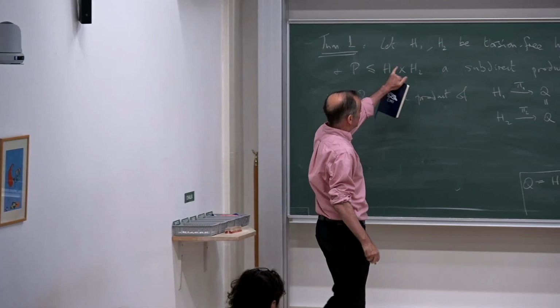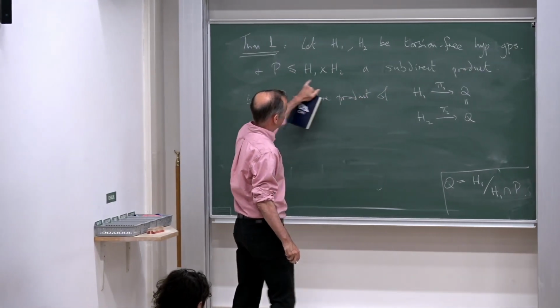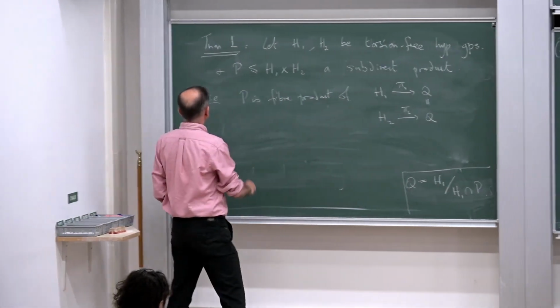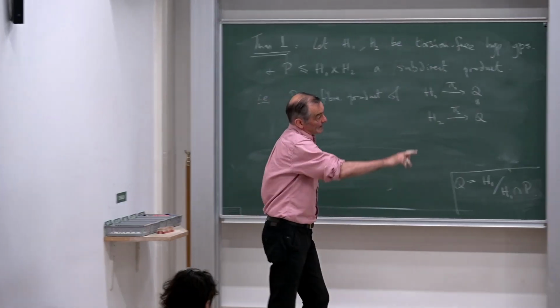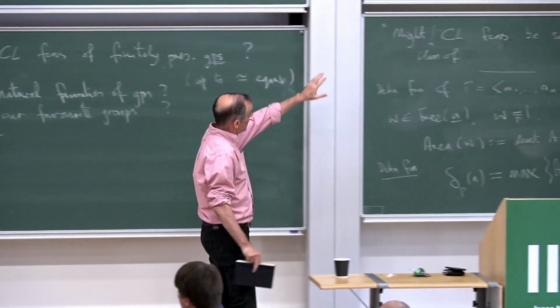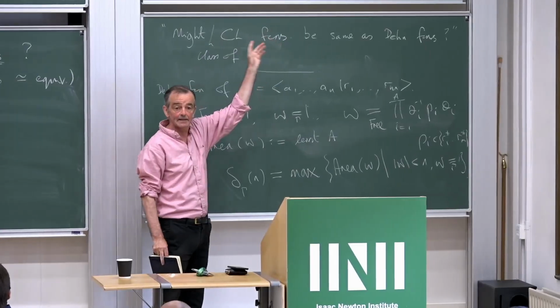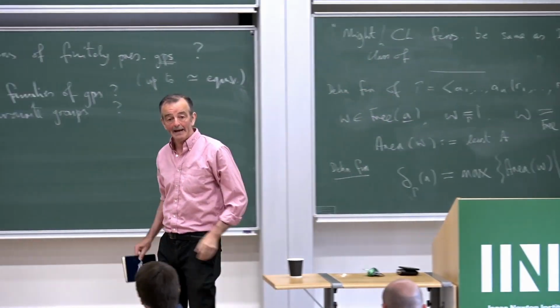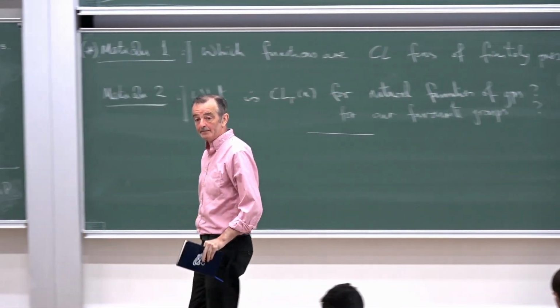So let H1 and H2 be torsion-free hyperbolic groups. Take a subdirect product. Now, this is a one-sided theorem over here, right? It says that if the word problem in Q is bad, then the conjugacy problem in P is bad. I want an if and only if statement.